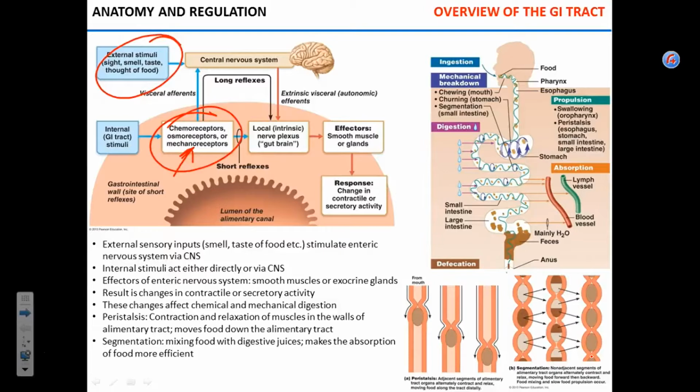And when food gets in there, it activates digestion. Do you understand what I'm saying? It may not immediately activate the digestive activities of the whole system, but it will go part by part. So let's take a look at anatomy, okay?